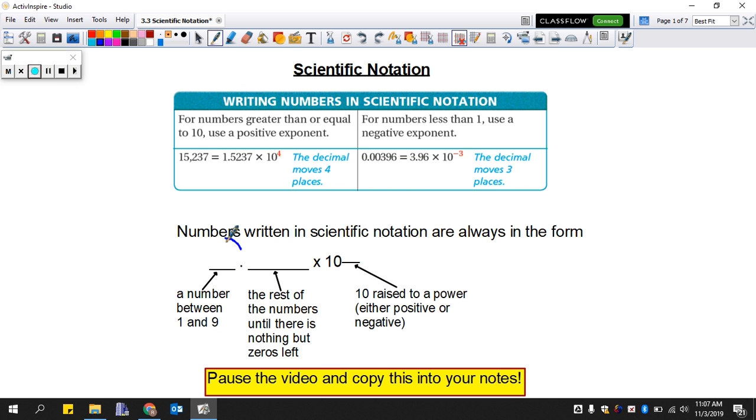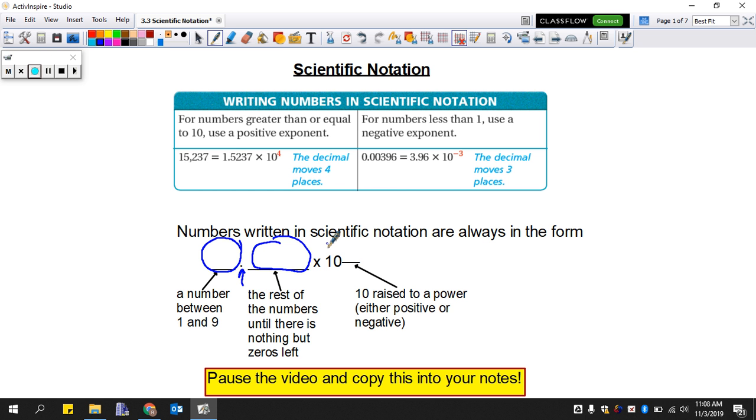In general, numbers that are written in scientific notation are always written in the form of one number that's between 1 and 9, then the decimal point, and then all the rest of the numbers in that number until you either reach the end of the number or you have nothing left but zeros at the end.